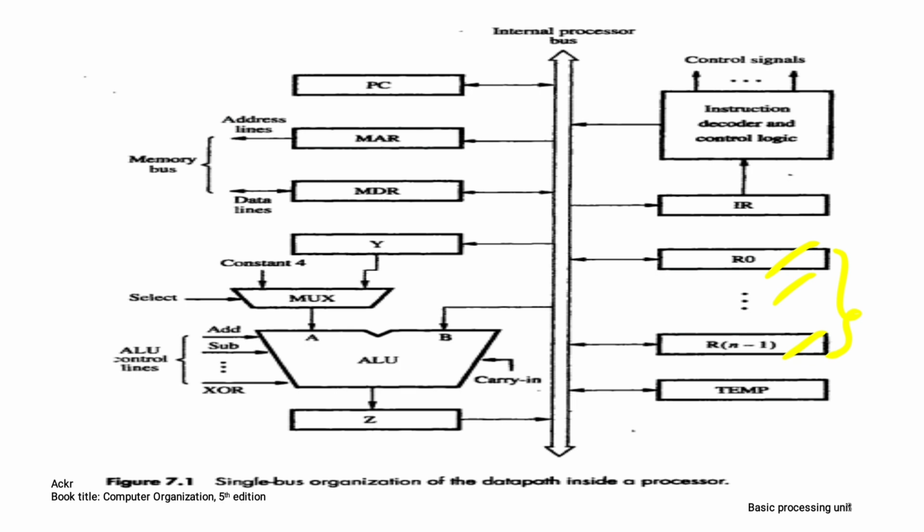That is what R(n-1) is: 16 minus 1 is 15, so the last register number is R15. So R0 to R15 make 16 general purpose registers in that processor. This number varies from processor to processor. They are used to store temporarily some data during the execution by the processor.